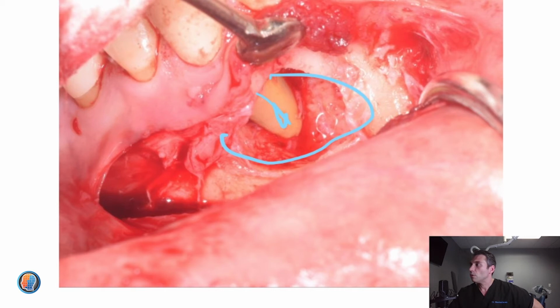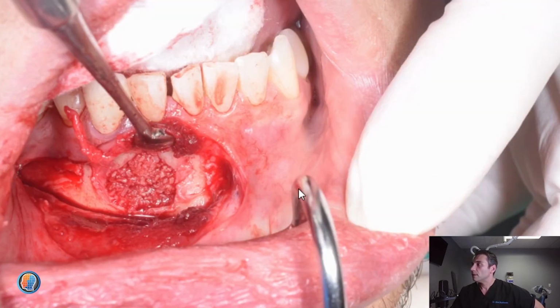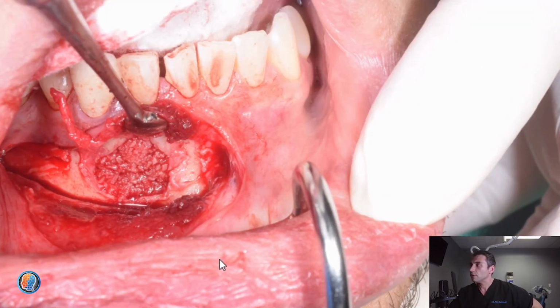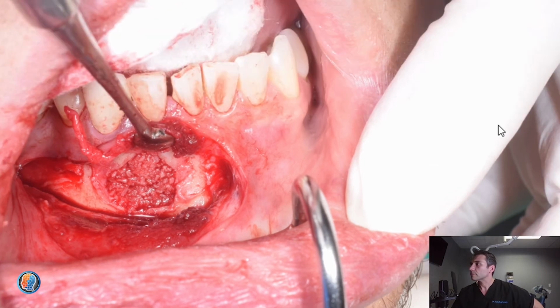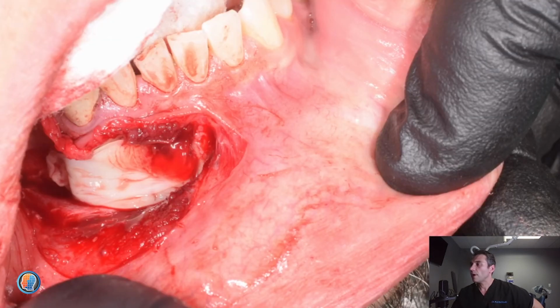So what we want to do is reconstruct this area. You don't really have to reconstruct it like I did here, but I decided to do that, and I felt like it was in the best interest of this patient. And this is how we did it. We actually filled this hole back with human cadaver bone. We filled the cavity, we pack it in there, and on top of this, we put platelet-rich fibrin.